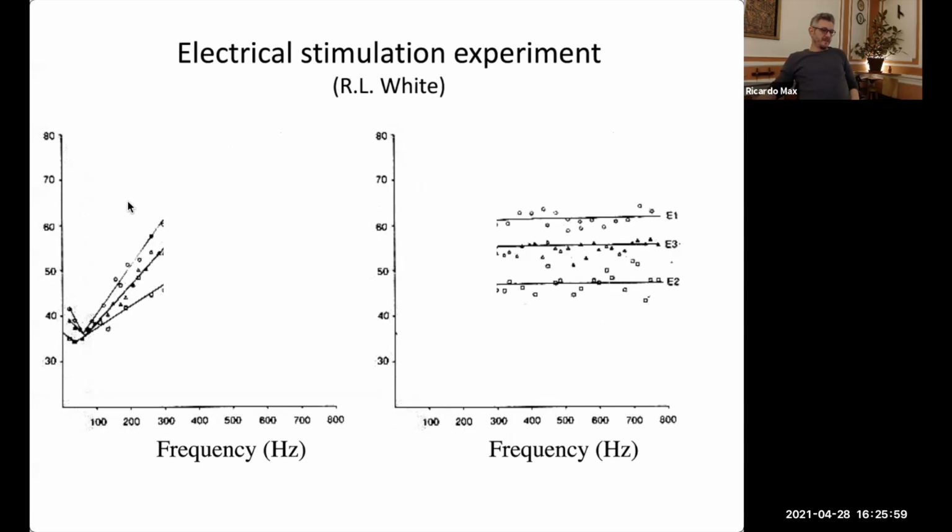So, what we see here on the left, anyone wants to try to explain what we see? Does it support the temporal coding or the place coding? Temporal. Mao, wanna try to explain?